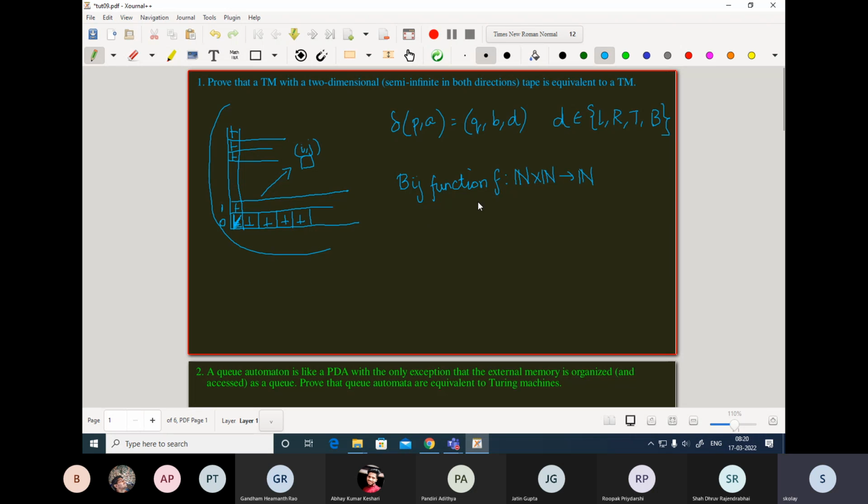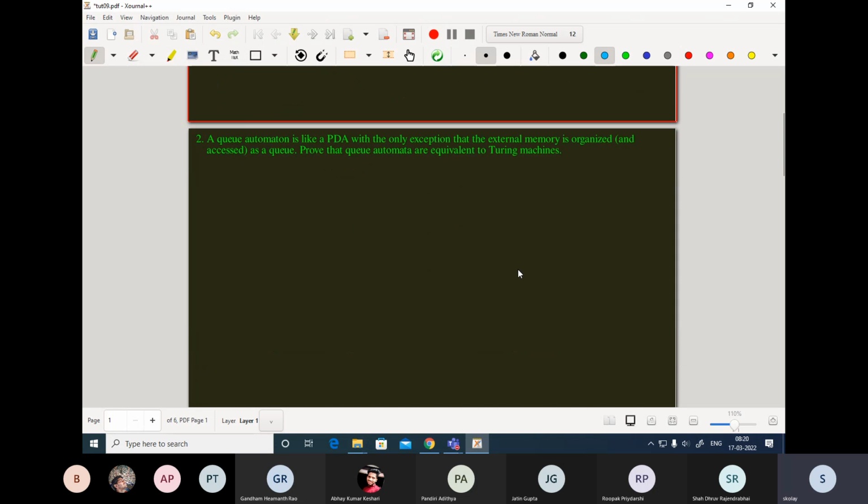Okay, so I'll leave it to you to find this bijective function from n cross n to n. But the idea is if I have this, then I will have converted this into a single tape. So for whatever is in the ijth cell, I look at the f(i,j)th cell. So this is the simulation of this two-dimensional Turing machine by a traditional Turing machine.